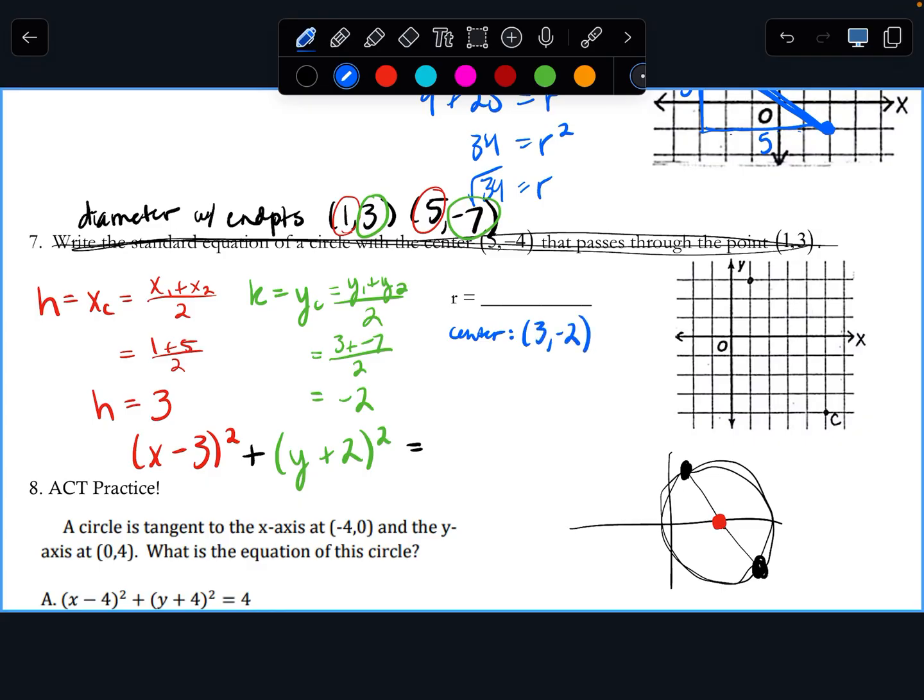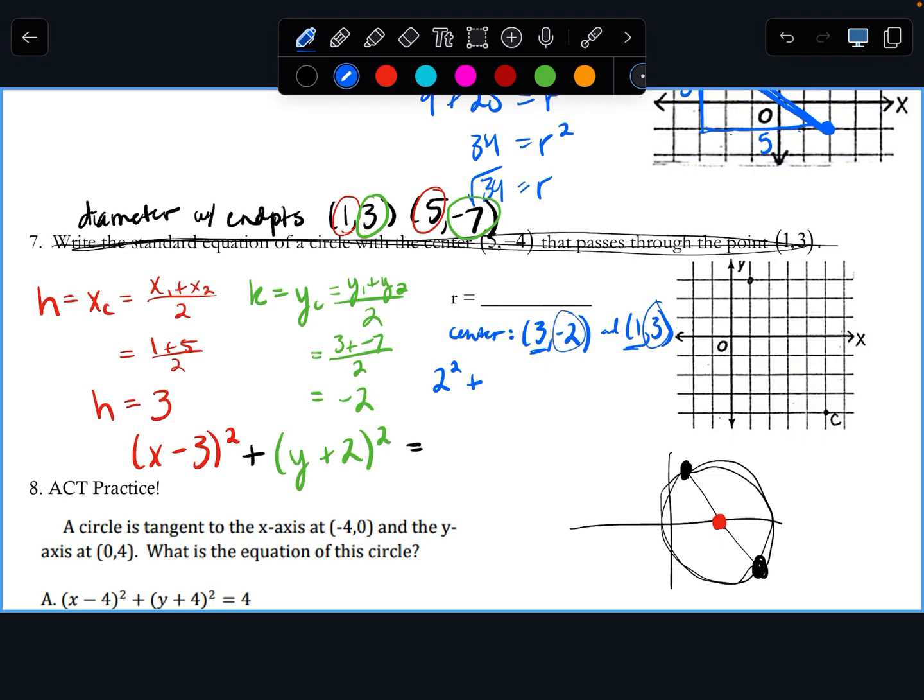And then pick one of the endpoints. I'll just do 1 and 3, because then we don't have to do negatives. Or 5 and negative 7, it doesn't matter. And now I'm going to do Pythag. The difference of x's is 2.